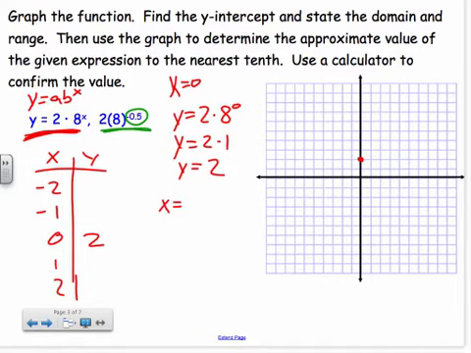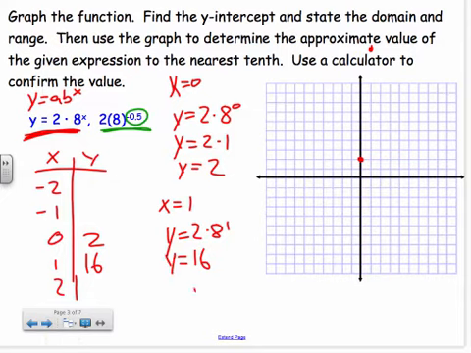Then I do when x is 1. I'll do my positives next. So y equals 2 times 8 to the first power, which I get 16. So I got 16 here. Oh, that's going to be way up here. And I plug in a 2.